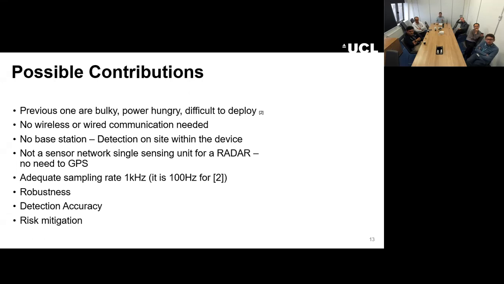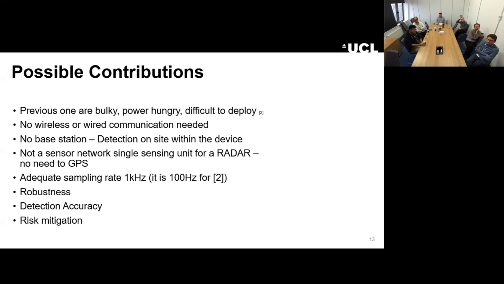So we don't need a sensor network, which means we don't need a GPS to localize each sensor to know if the nodes sensing the eruption are close or not, like in the previous literature examples. And our sampling rate is quite alright. It can go up to 10 kHz, but for the FFT we are using 1 kilohertz of sampling rate.